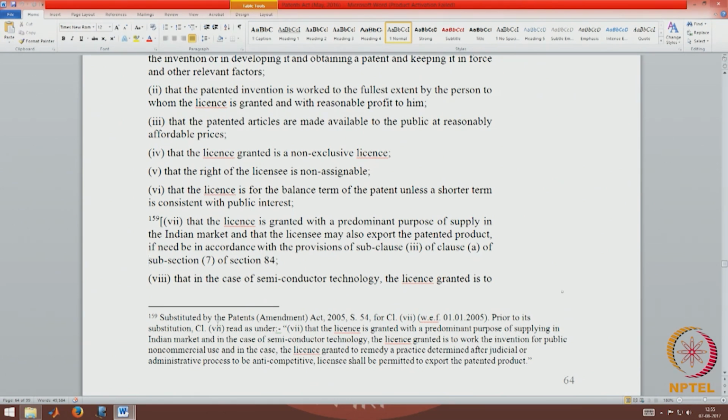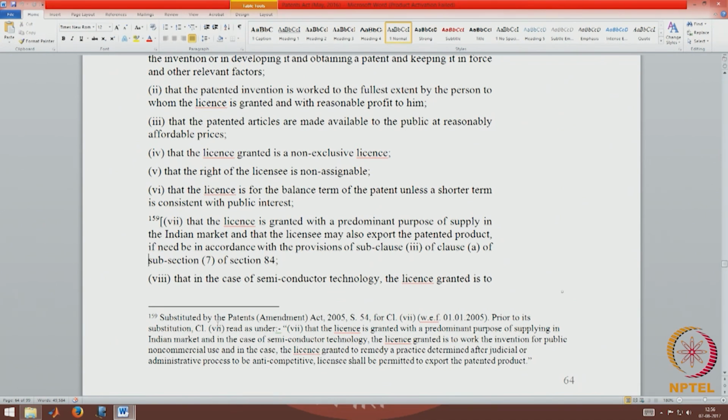7. That the license is granted with the predominant purpose of supply in the Indian market, and that the licensee may also export the patented product if need be in accordance with the provisions of subclause 3 of clause A of subsection 7 of section 84. Now, that provides certain conditions, the condition being a market for export of a patented article manufactured in India is not being supplied or developed.